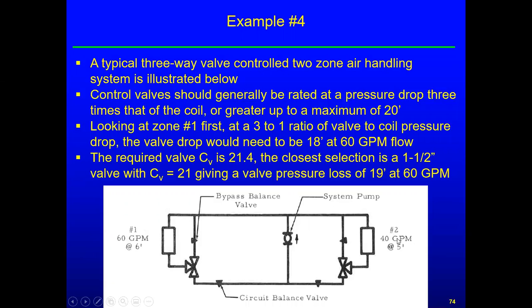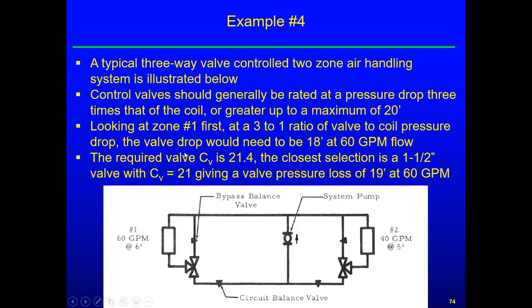So we'll take the one with the largest drop first. If we did a 3-to-1, 3 times 6 is 18. So we're shooting for an 18-foot drop across the control valve at 60 GPM. Again, you can calculate the required CV from the valve equation. I think you're probably good on that right now.